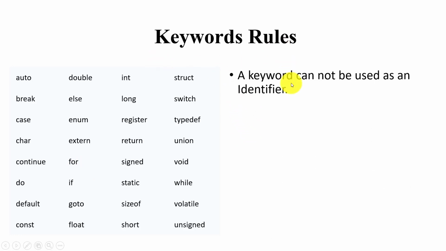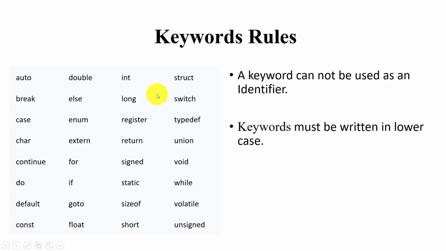Now the rules. Keywords cannot be used as an identifier. What an identifier is, we will see next, but keyword and identifier are different, and we cannot use an identifier and keyword the same. Keywords must be written in lowercase. Here you can see the 32 reserved words are all in lowercase.